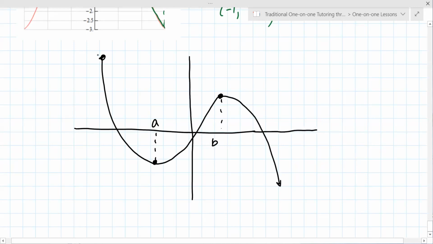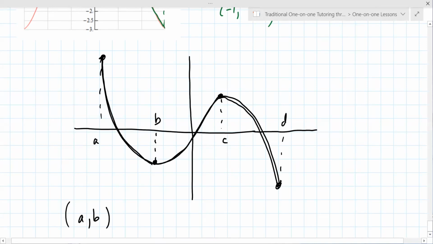We'll call these points A, B, C, and D. Okay, so from A to B, is it increasing or decreasing? It's decreasing. And how about from B to C? Increasing. And from C to D? Decreasing.